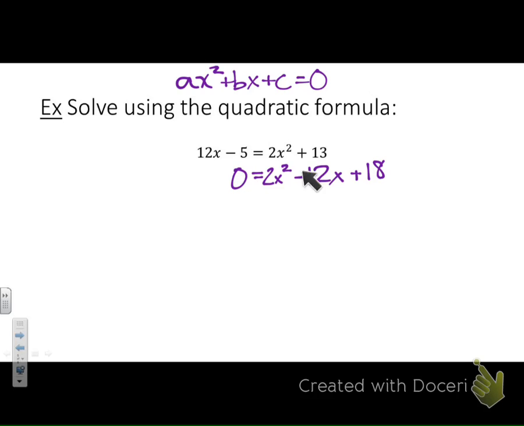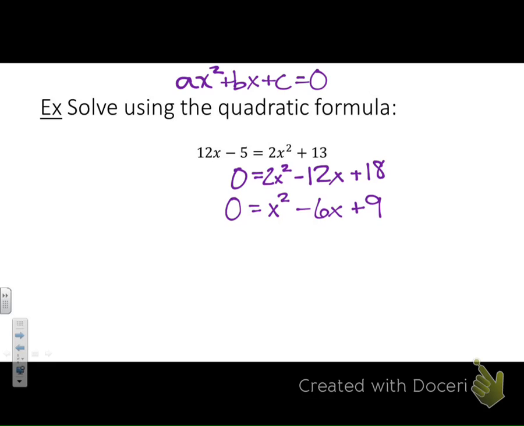When you take negative 5 to the other side, we get 18. Since I have all coefficients being even, let's divide them all by 2. Divide each term by 2, we get x squared minus 6x plus 9.